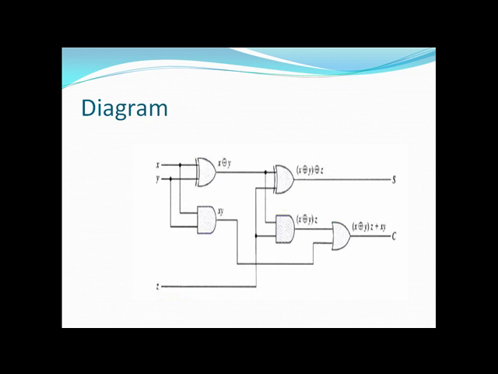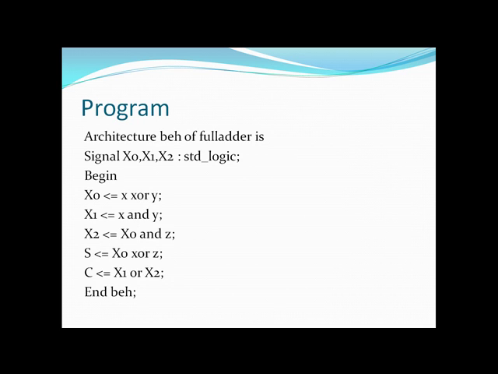Here I am considering it as a signal; in Verilog we say wire, here I am saying signal. So I want X exclusive OR of Y as one signal, X and Y as one signal, X exclusive OR of Y and Z as one signal, and X and Z as one signal. So totally I want to have 4 signals.